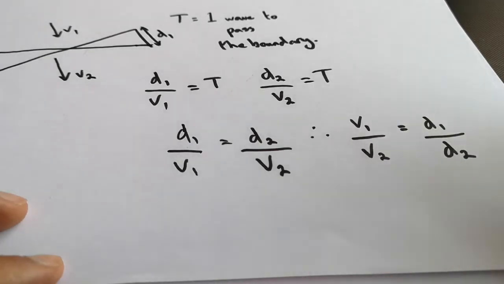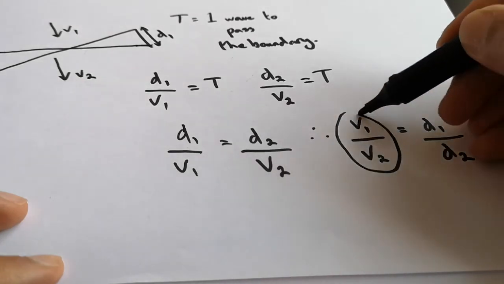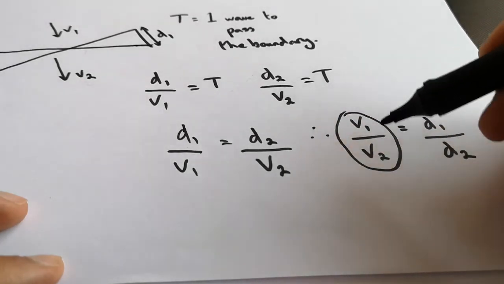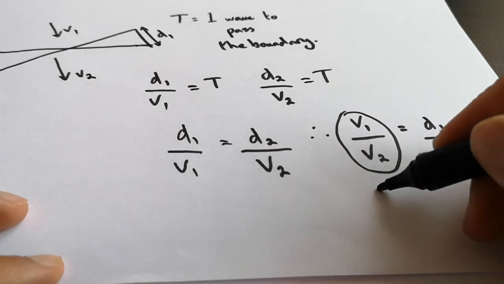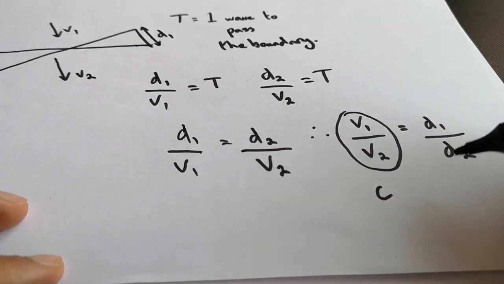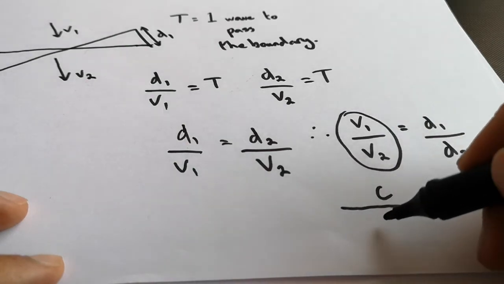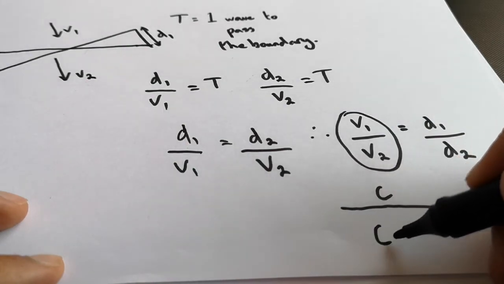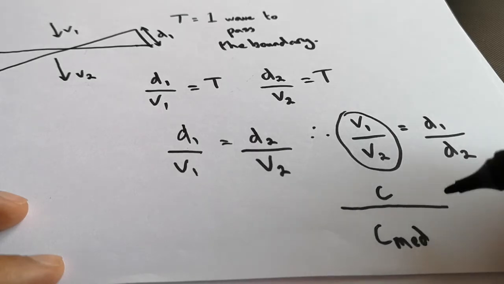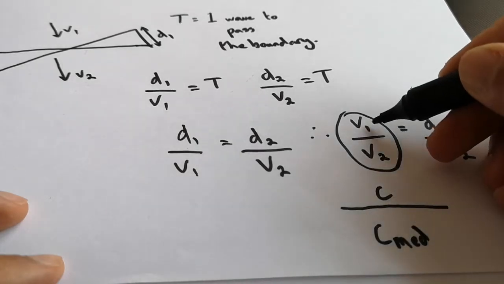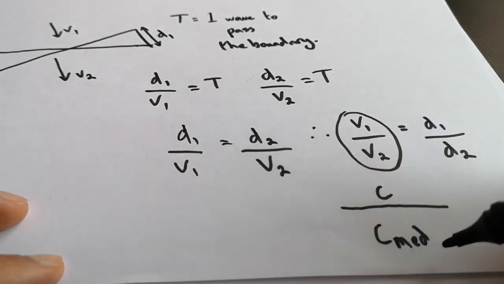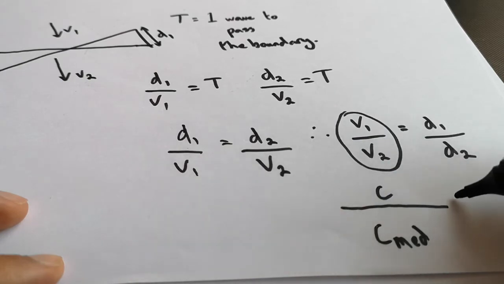Now, for those of you that can already start to see this connection, by putting this bit together, we can change these letters to say that the speed of the wave in the air, particularly if it's a light source, c1, which is our v1, and the speed of that same light source in the medium, v2, which is our c med, is going to give us the refractive index of the material.